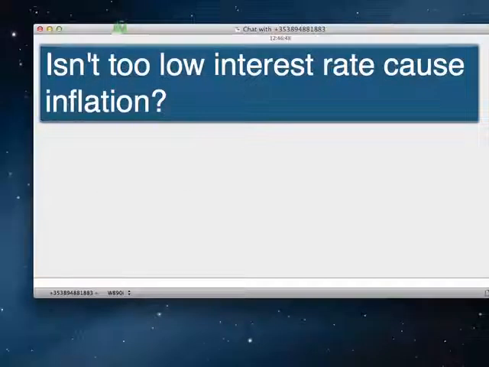Question: doesn't too low an interest rate cause inflation? No, unless, well, let's think about that for a second. If the interest rate was very low, then people would start having capital projects and they would start building big buildings like this, which would give builders money. The builders would go off and either buy houses or eat food and all that sort of stuff, and they would have a positive multiplier effect on the economy. If the employment rate was really high, like 99% employment, then you're right.